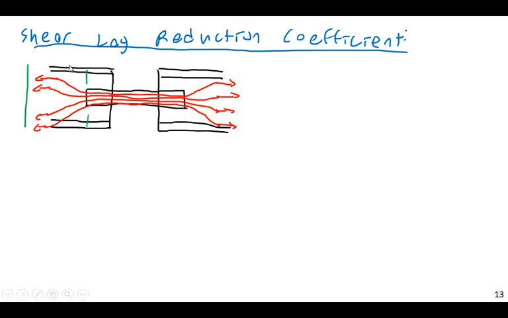Now, thankfully, you don't have to derive this in any way. To actually determine these factors, you do have to calculate, there are equations you use, but this is a very complex phenomenon. As you can see, deriving the shear lag reduction factors from base principles would be quite involved.